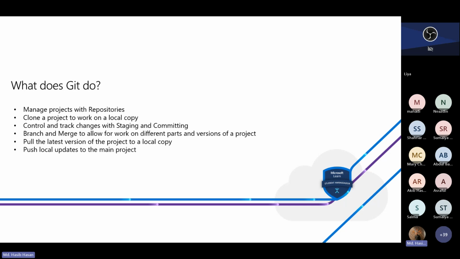After upgrading, you see that version 1 was better than version 2, and now you want to go back to version 1. Then you need Git, or a version control system. Using Git and a version control system, you can easily go back from version 2 to version 1.